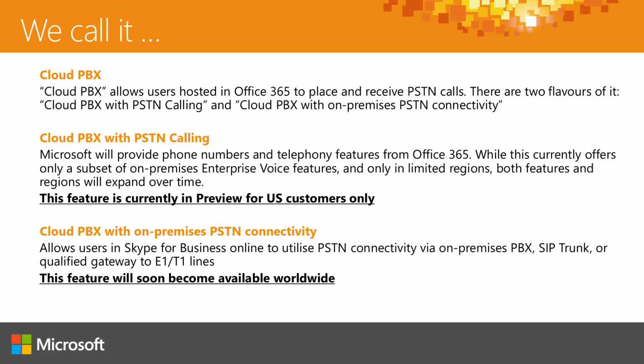So my online user, apart from IM, instant messaging, presence, and conferencing, will also be able to start placing and receiving telephone calls. That's the functionality of on-premise PSTN connectivity, and it will be launched day one.